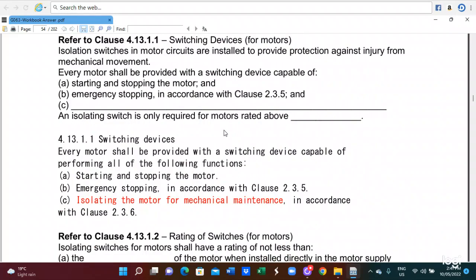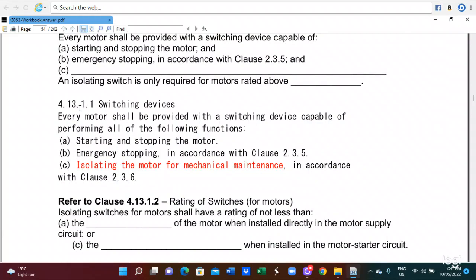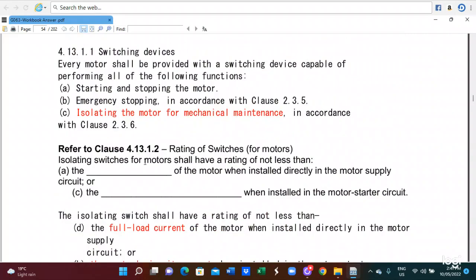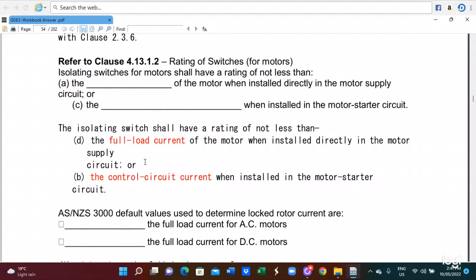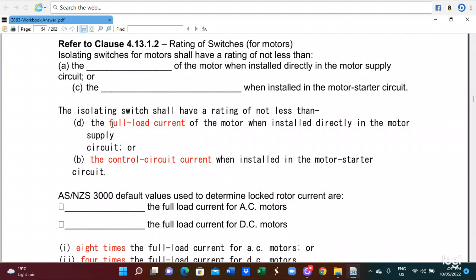Switching devices are for starting and stopping motors, emergency stopping, and isolating motors. Those are covered under clause 4.13.1.1, which mentions the switching devices. 4.13.1.2 is the rating of the switch. The rating of the switch must be the full load current rating and the control circuit current.